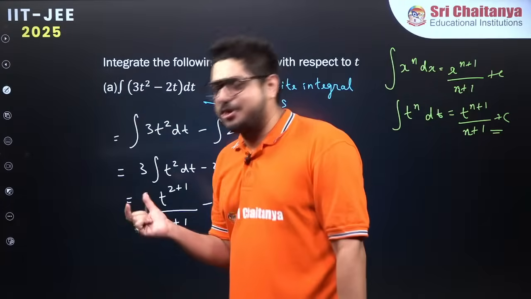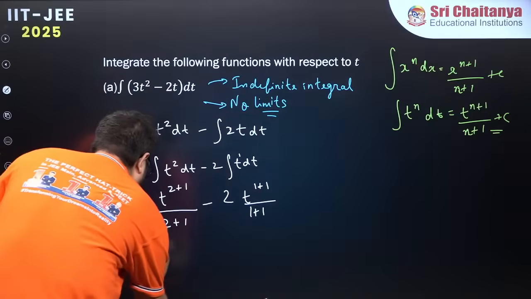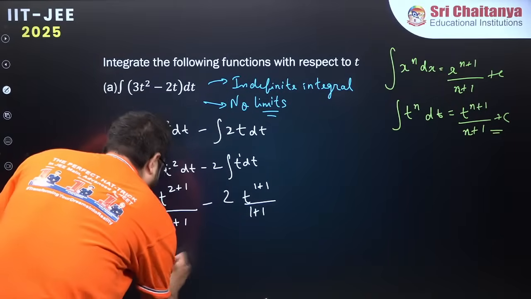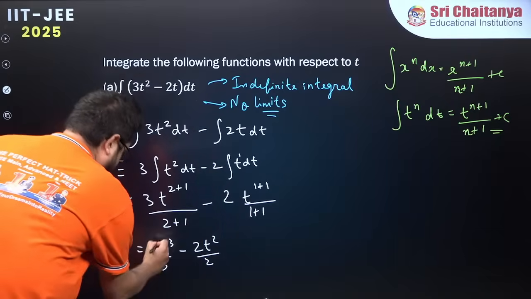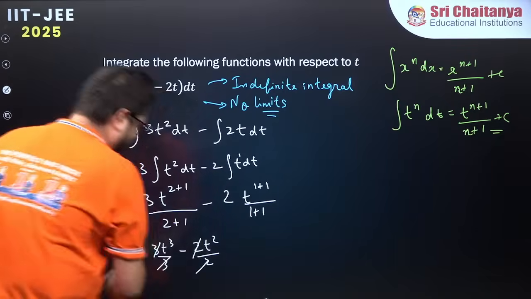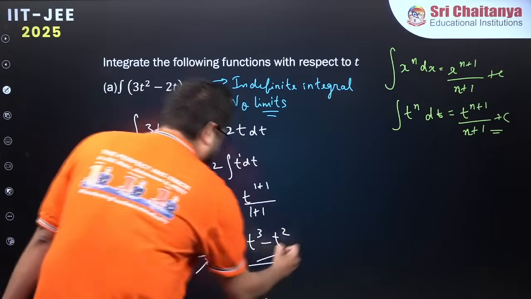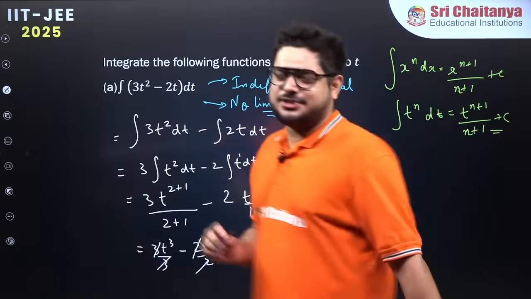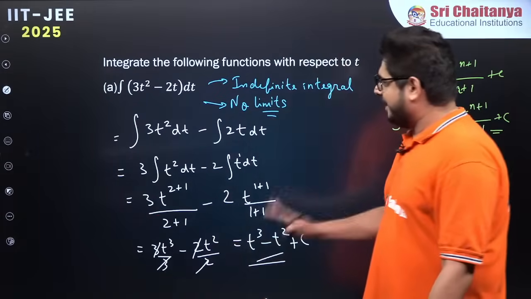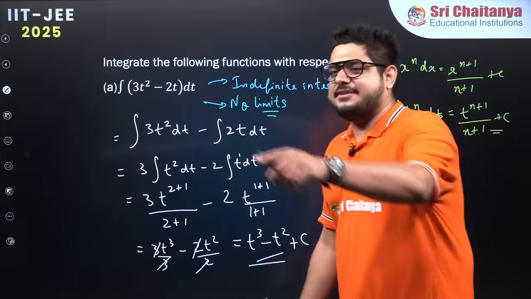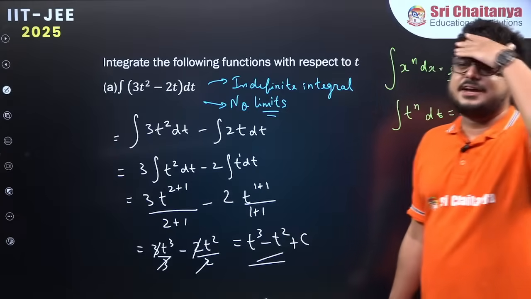The previous one was a polynomial of degree 2, isn't it? So I will write it down over here as 3t cube by 3 minus 2t square by 2. क्या होगा? 3 cancels out, 2 cancels out. As a result of that, I will be getting t cube minus t square plus c. Don't forget the constant because it's an indefinite integral. Okay, everyone? If it's clear, give me a thumbs up.